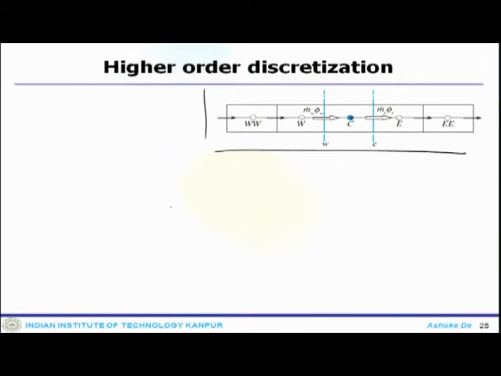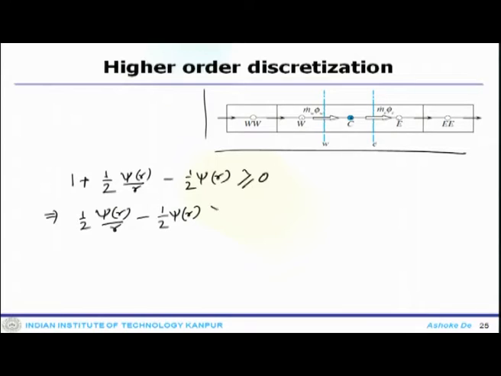Now, if we expand that, it shows 1 plus half psi r by r minus half of psi r greater than or equal to 0, which means half of psi r by r minus half of psi r greater than or equal to minus 1, that leads to psi r minus psi r by r less than or equal to 2.